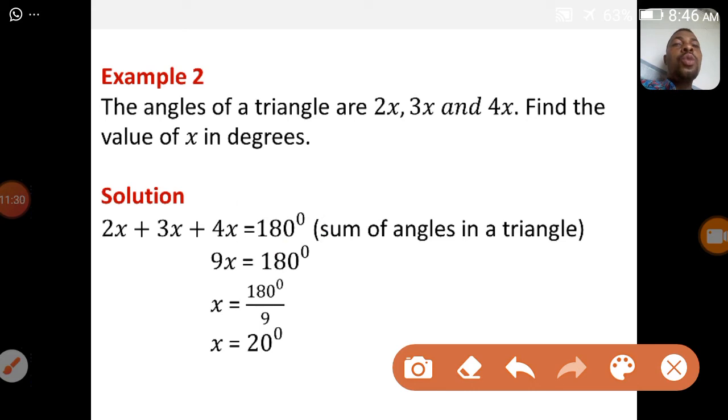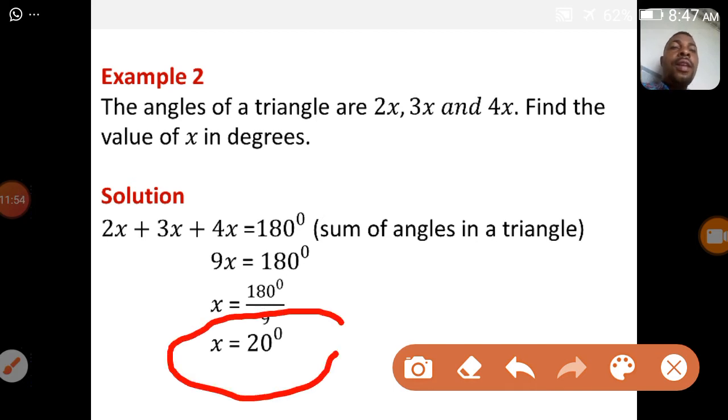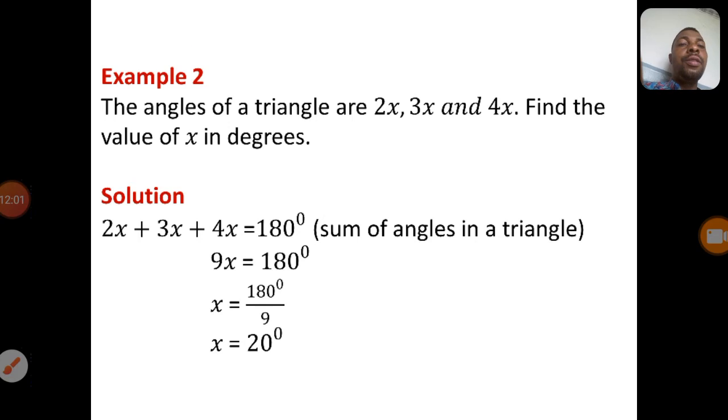When you add 2, 3, 4, it gives you what? 9x. And you equate it to 180 degrees. Now, to get the final answer, you divide both sides of the equation by the coefficient of x, that is 9. And when that is done, you have what? x is 20 degrees.